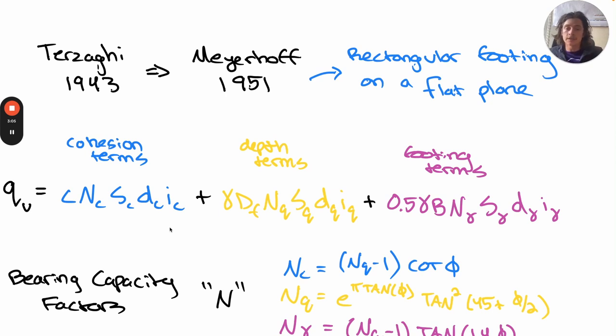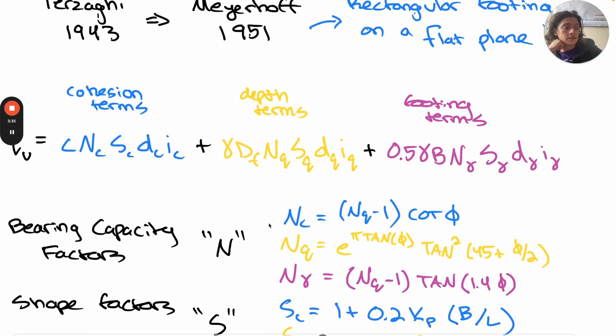C, our cohesion, is a property of the soil. D is going to be our depth factors, and I is going to be our inclination factors. And some of these factors do need to get adjusted based on the depth of the water table, but I'll talk about that in a different lecture. Especially with suspended bridges, it's unlikely that the water table is going to be very close to our foundation, but in suspension bridges, this might be the case.